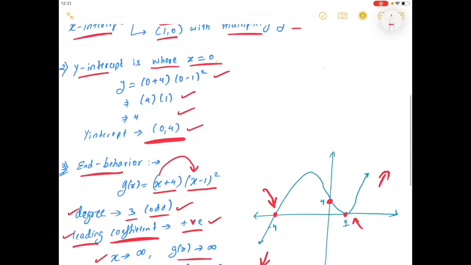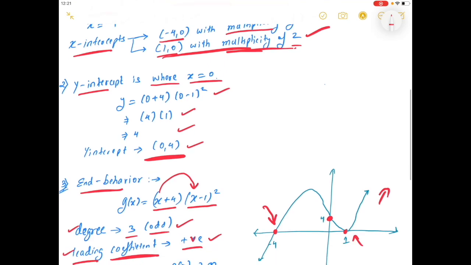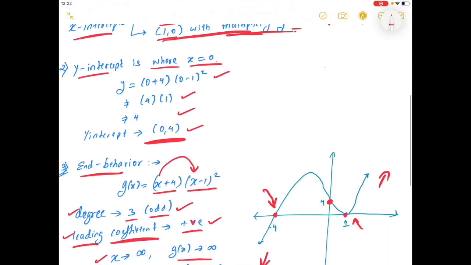At x equals 1, the multiplicity is 2, which is even, so it touches and bounces back. And here the multiplicity is 1, it's an odd multiplicity. An odd multiplicity crosses that point, so it crosses over here and bounces back over here.